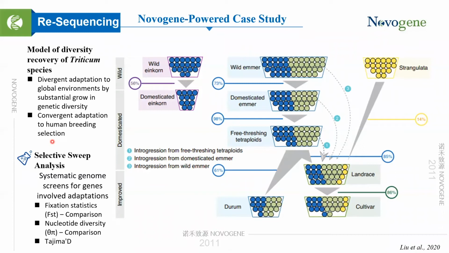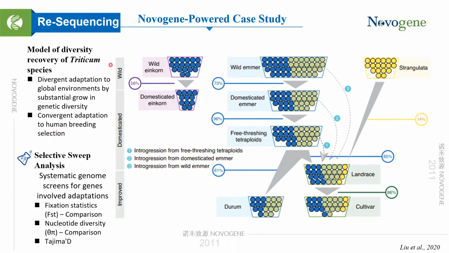And the shift of the genetic diversity of critical species is illustrated here. And in terms of these results, the authors concluded that its evolutionary success is attributed to its divergent adaptation to the global environment and the convergent adaptations to human breeding selections.